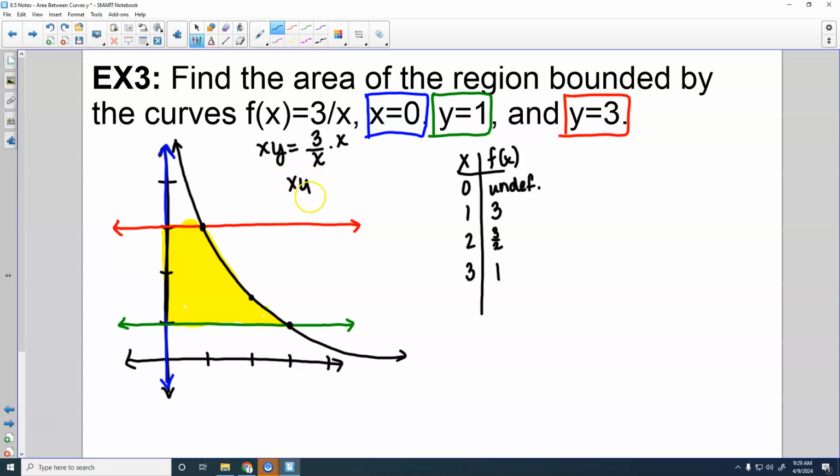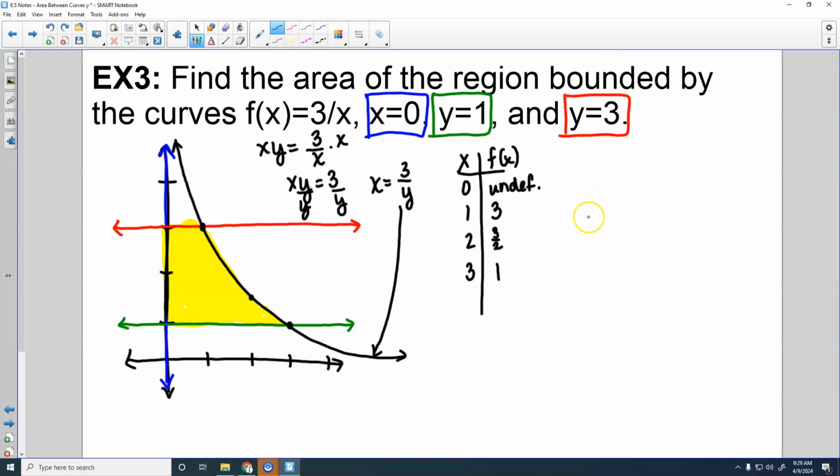So that will give me xy equals 3. And I'm trying to get the x by itself, so I divide by y. So x equals 3 over y. So this black function here, it could be 3 over x, but it also can be called 3 over y if you're doing x equals. And that's the one we want to use if we're doing right minus left here.